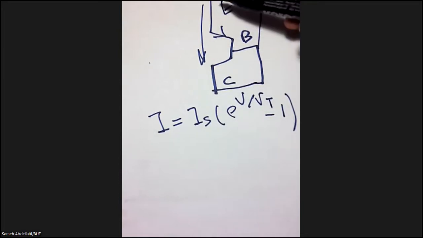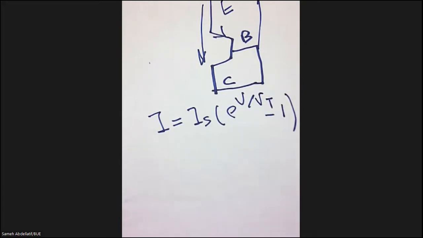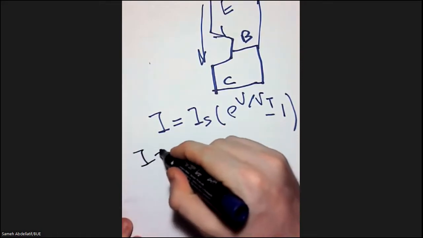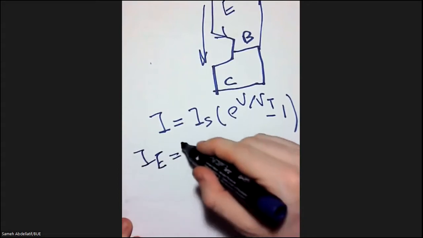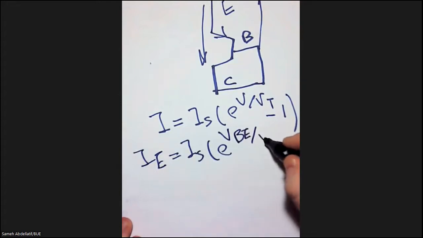So I is the current flowing through the diode, which in our case is IE. IS is called the saturation current. Exponential, the V is the voltage applied on the diode, which is typically VCE, which is the same as VBE, over VT, which is the thermal voltage, kT over q, minus 1. So I can write it: IE equals IS e to the power of VBE over VT minus 1.